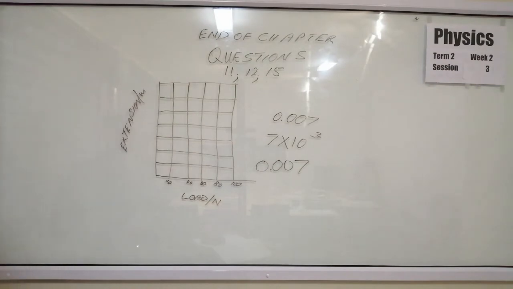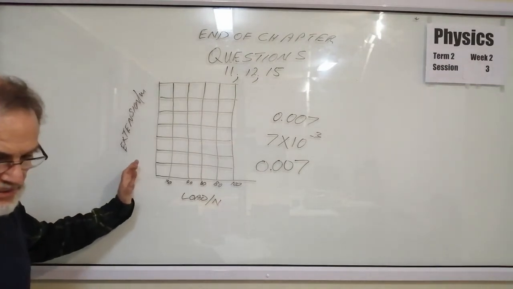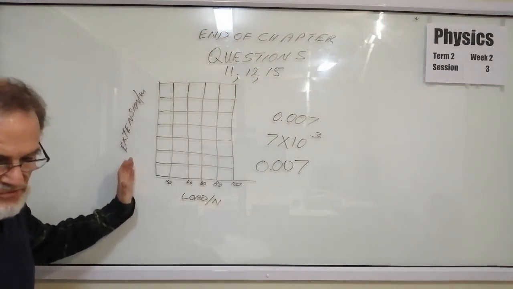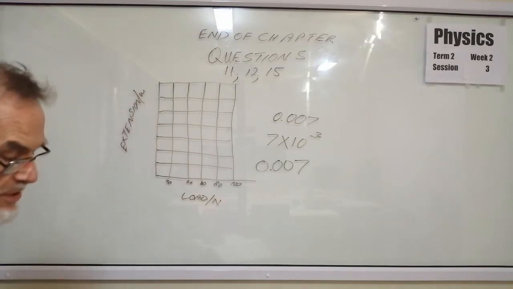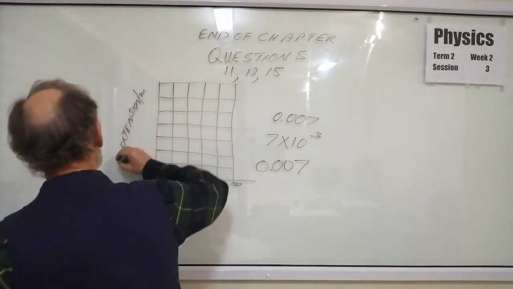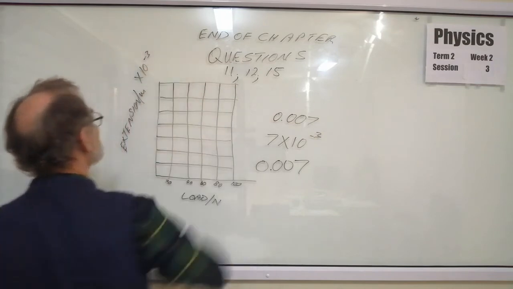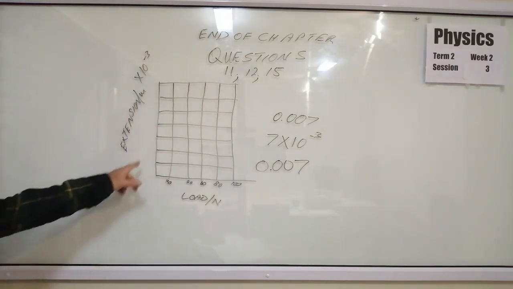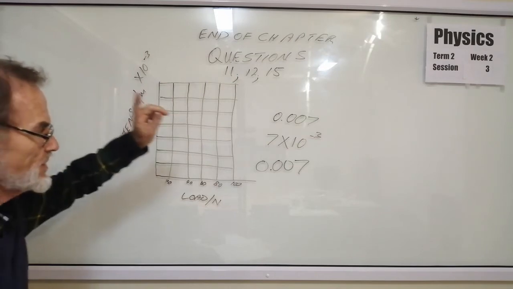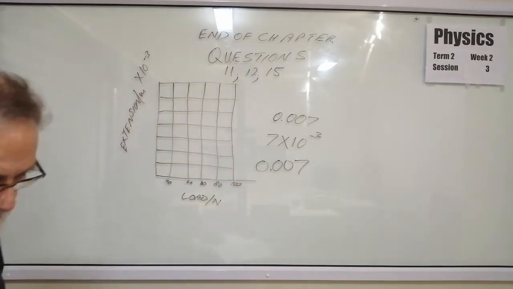So we can just work here in whole numbers of 7, 15, 22 and so on, and we just write here times 10 to the minus 3, so that we know whatever we read here is times 10 to the minus 3, and that's the actual number.